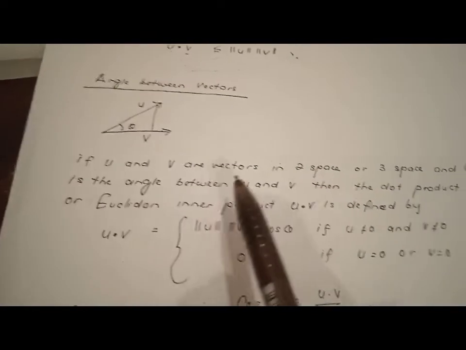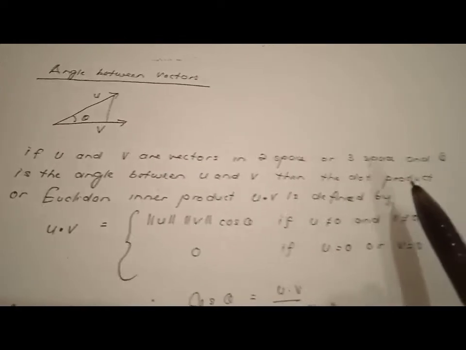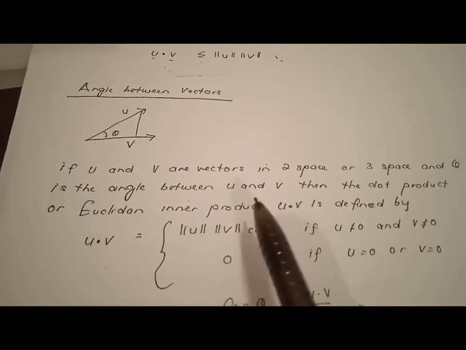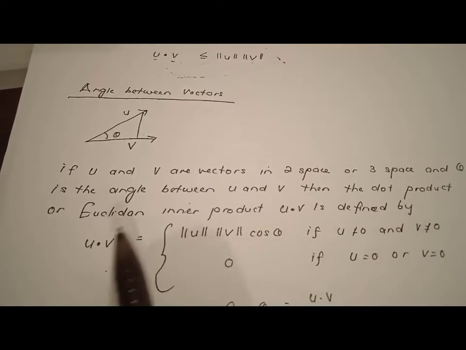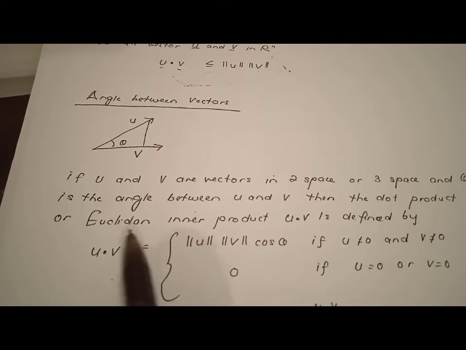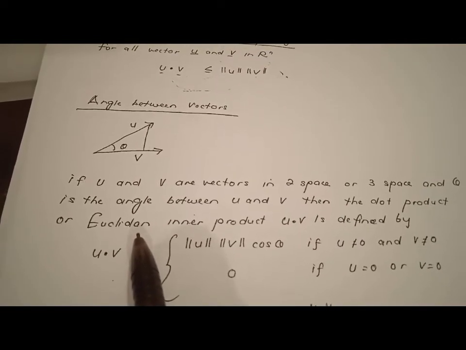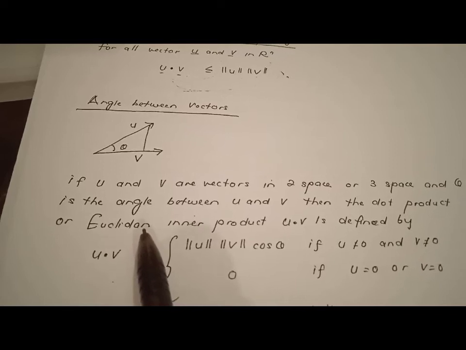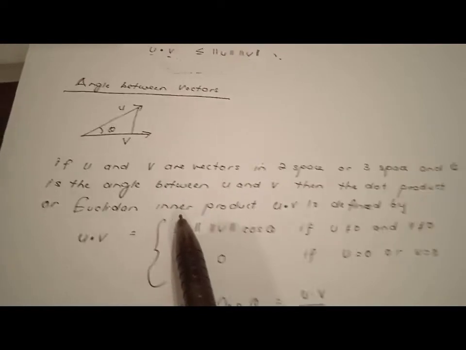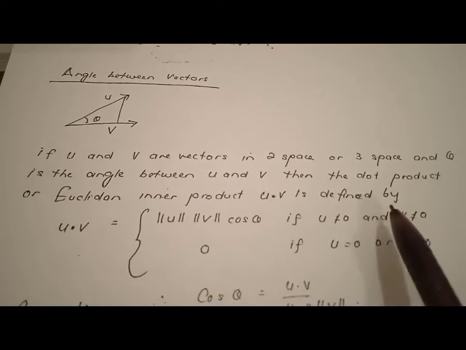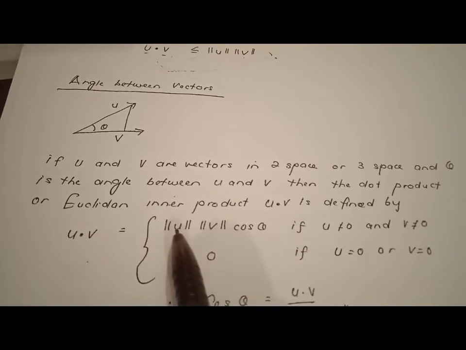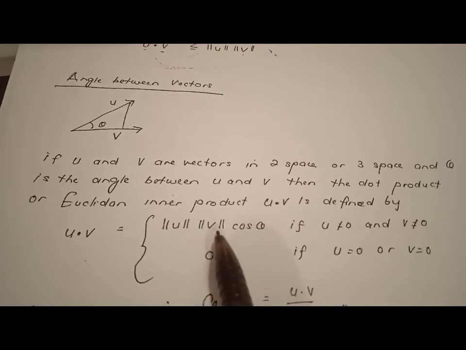If u and v are vectors in 2-space or 3-space, and theta is the angle between u and v, then the dot product, or Euclidean inner product, which is another name for dot product, is defined by u dot v equals length of u times length of v times cos theta.